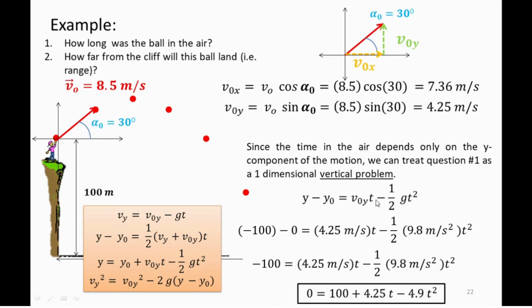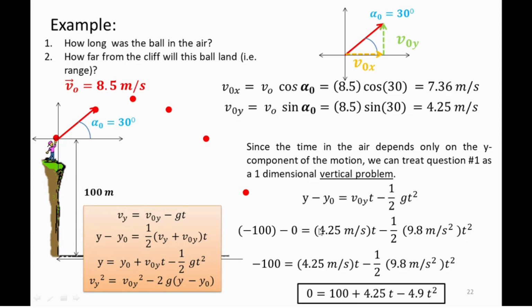And then after that, we plug in the values. The final y position is at the ground, which is 100 meters below, so that should be negative 100, because again it is below the origin. Anything below the initial position must be taken as negative. So we have here negative 100 for y, and our initial position is at the origin, so y naught equals 0.